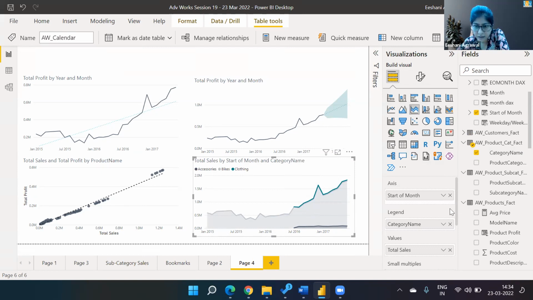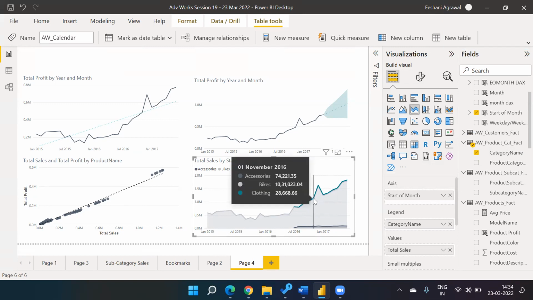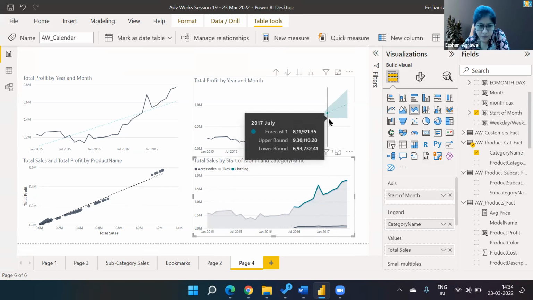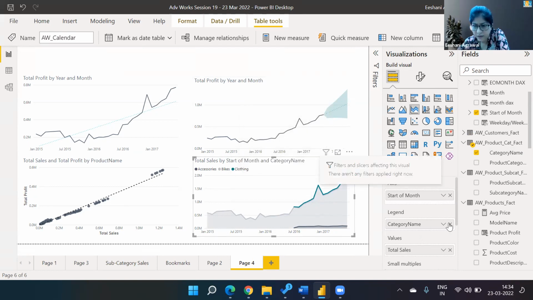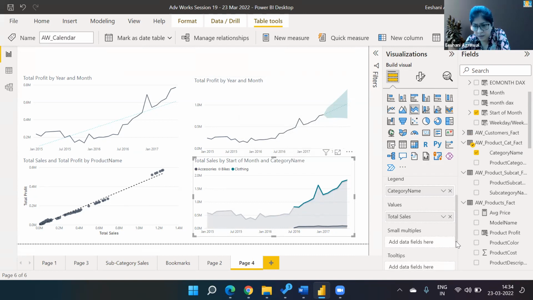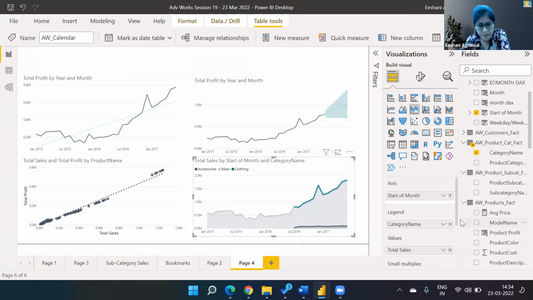Somewhere something doesn't seem correct. Bikes. Category name. Next looks correct.